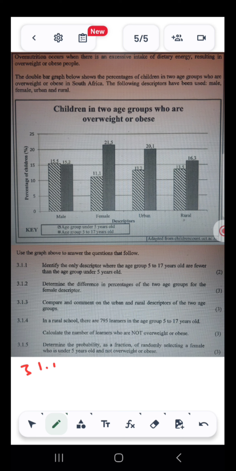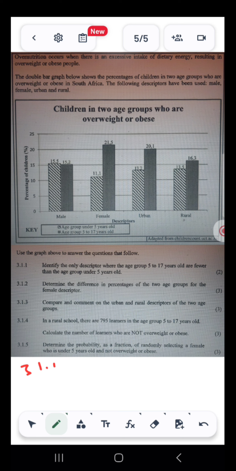So go back to your graph, identify where the age group 5 to 17 is fewer than the age group under 5, right?